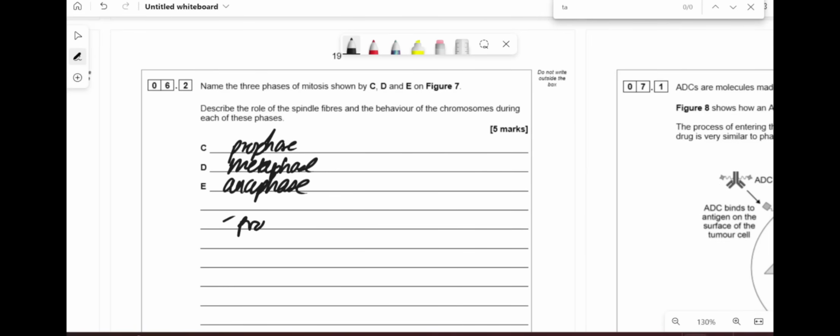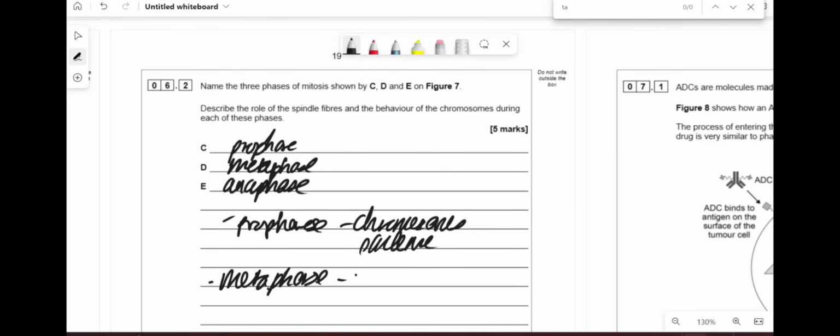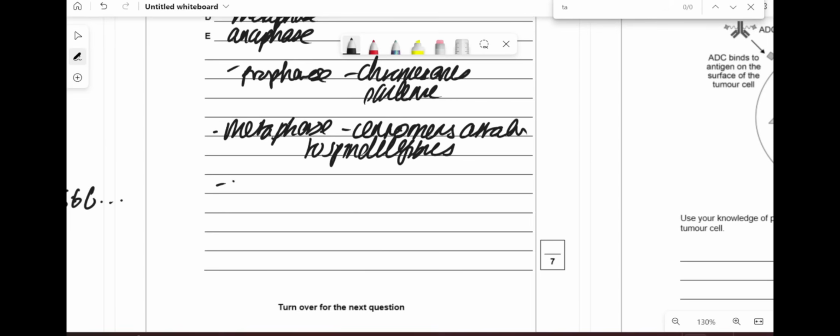Well, in prophase, the chromosomes condense. And then in metaphase, the centromere is attached to a spindle fiber.